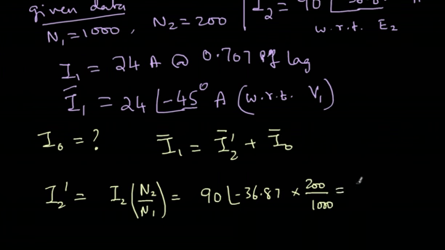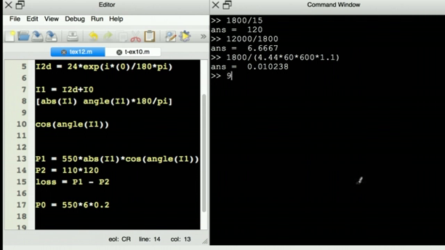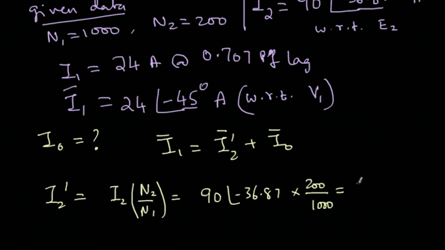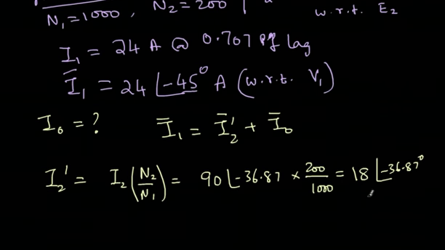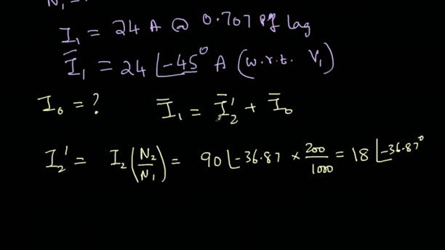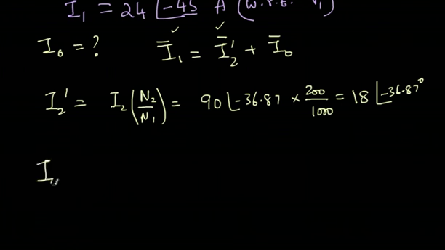So I'll get 90 into 200 divided by 1000. I'm getting 18 amperes. So this is my I2 dash. Therefore I naught, so I know I2 dash, I know I1, so I can find out I naught. So what is I naught?